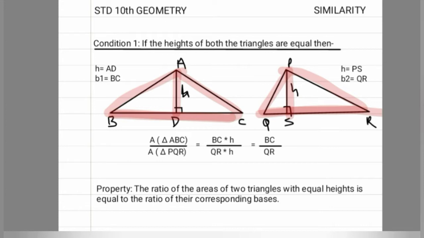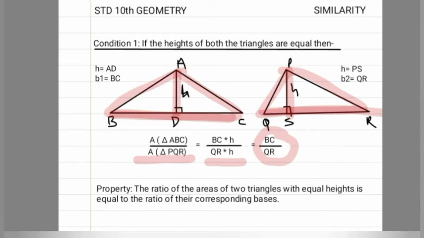Now, according to the general property, the ratio of areas of two triangles is proportional to the corresponding base and height. If we apply the same thing here, we get area of triangle ABC upon area of triangle PQR is equal to BC into h upon QR into h. Since the height of both the triangles is the same, we get the ratio as BC upon QR.